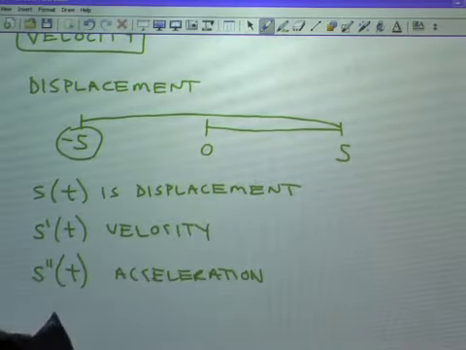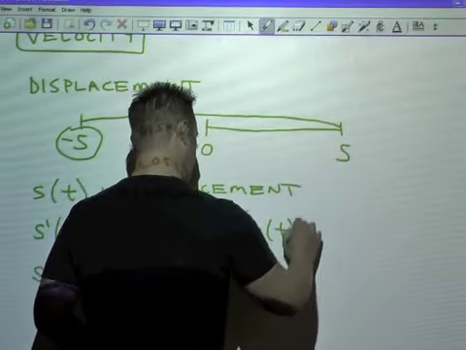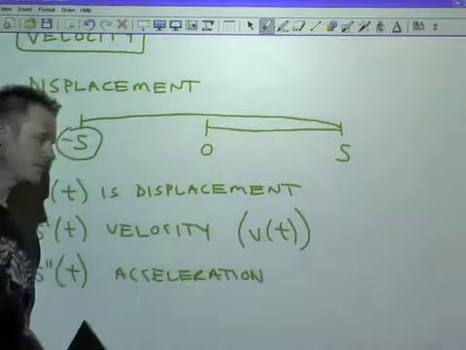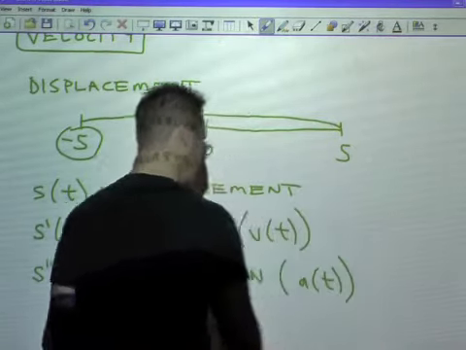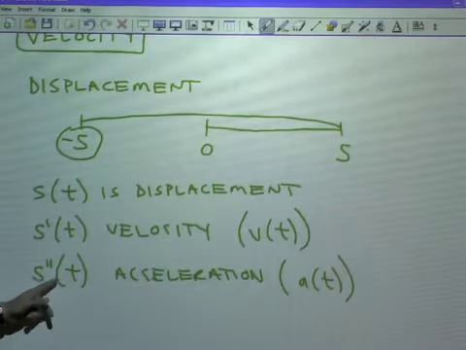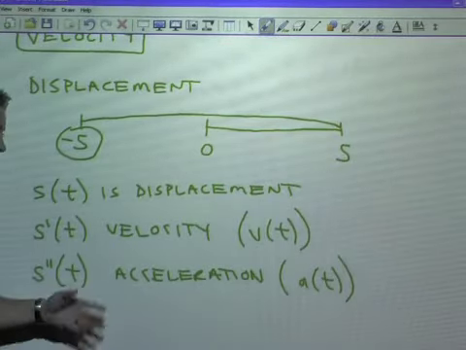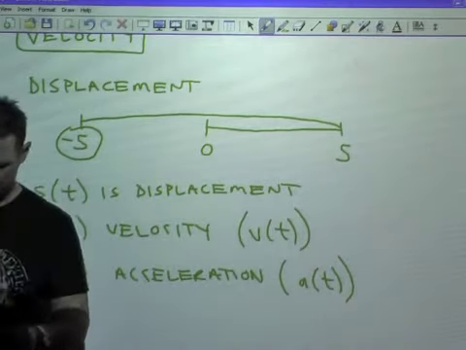A lot of times we'll actually refer to the velocity function as v of t, and the acceleration function as a of t. And in that case, acceleration would also be v prime of t, the derivative of velocity. Okay? But that's just some basic definitions.